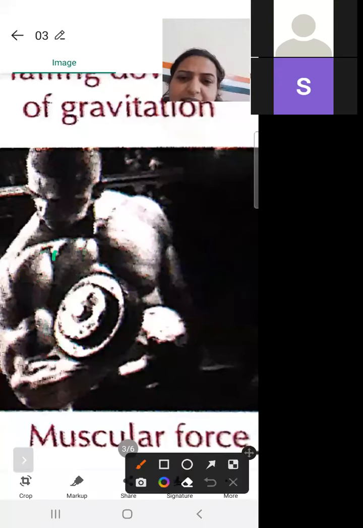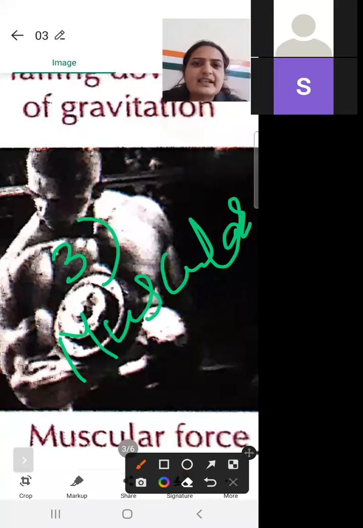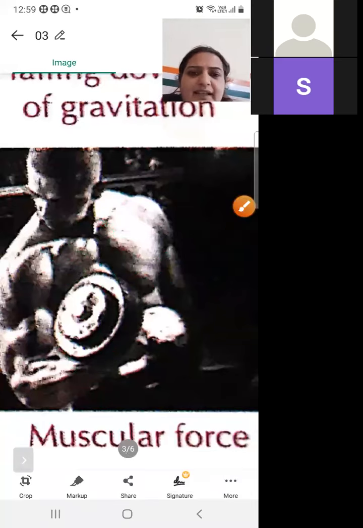And third is muscular force. So these are the types of force.